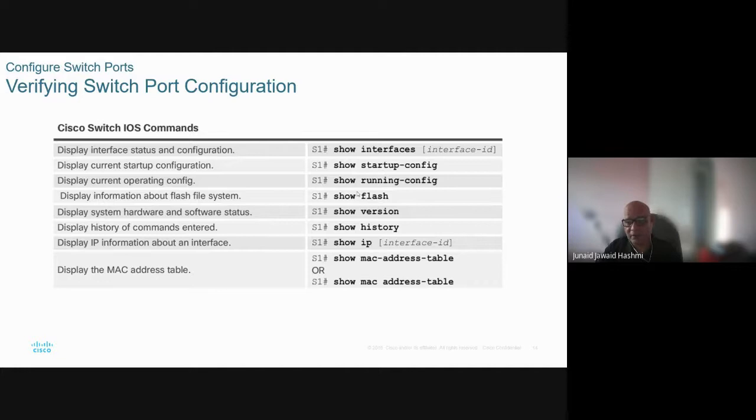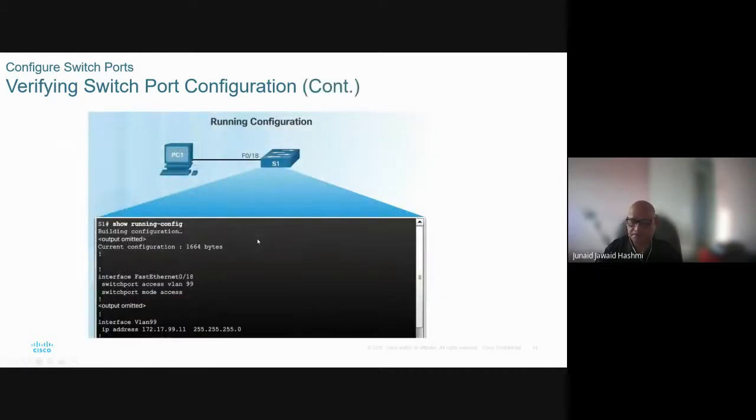One of the very important pieces of information you can view from show version is the version of IOS, and also where it's booting from. So in case you're changing the boot sequence, it is important to note where your switch is booting from. You can also view your MAC address table.